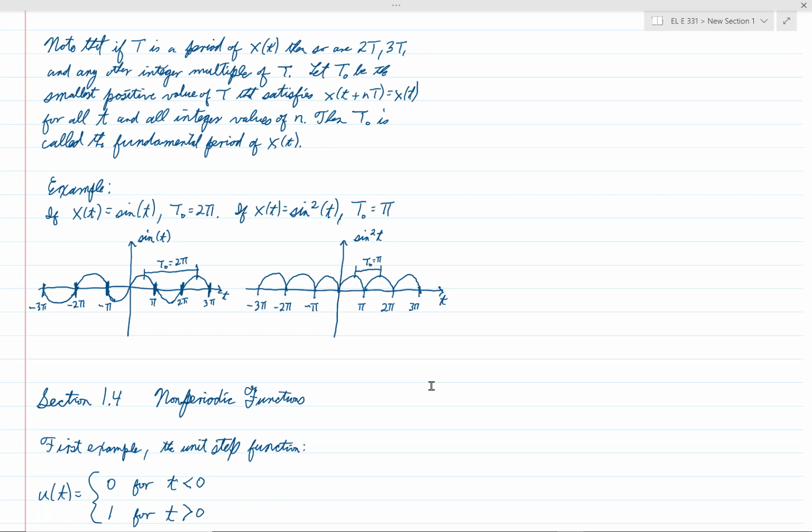Give me just a second here. I hope this won't mess up the whole graph. No, it's not too bad.